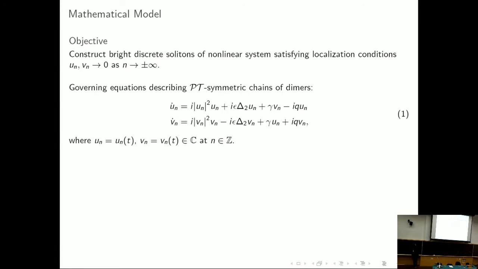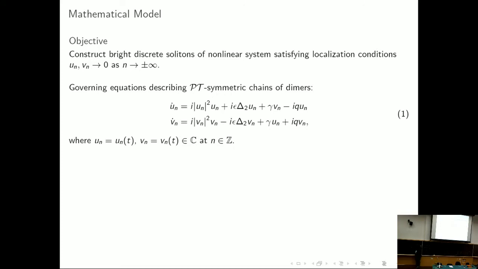So that's the model that I have over there: i d/dz un equals minus epsilon delta un plus gamma vn, coupled, minus i q un, and then the second equation is i d/dz vn equals minus epsilon delta vn, with the nonlinear term, plus gamma un coupled with the first one, plus i q vn.